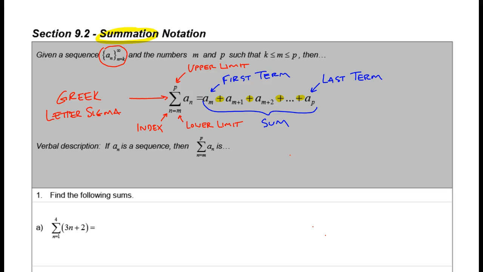Okay, so a verbal description of this whole mess is the following. If a sub n is a sequence, then this notation here means the sum of the terms of the sequence a sub n from the first term, a sub m, to the last term, a sub p, where first and last are defined by our lower and upper limits.